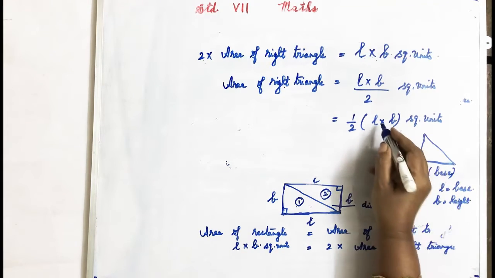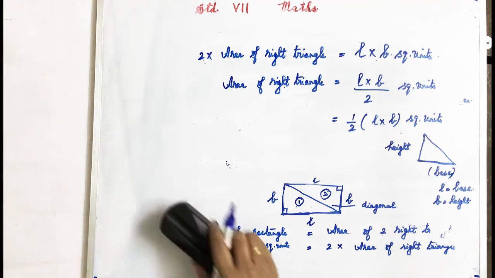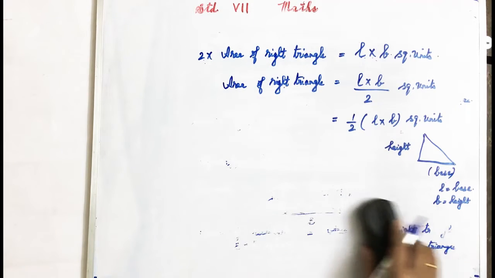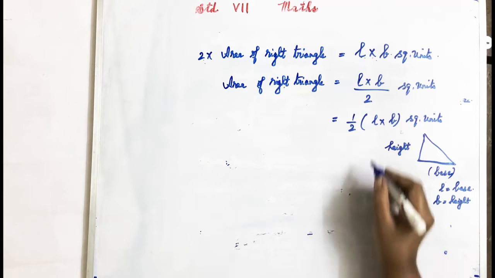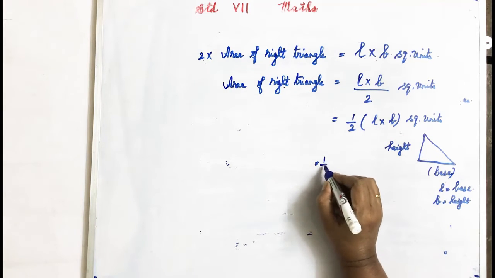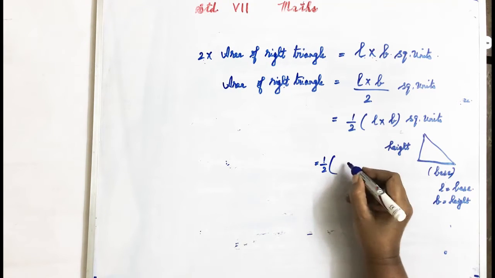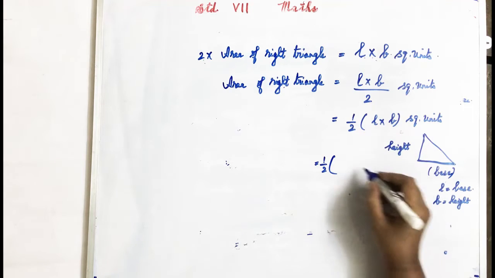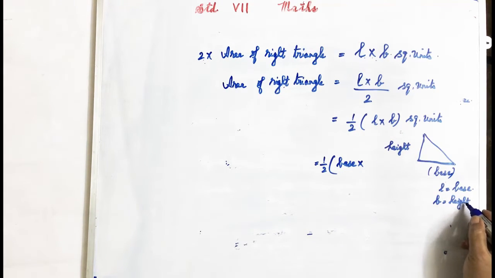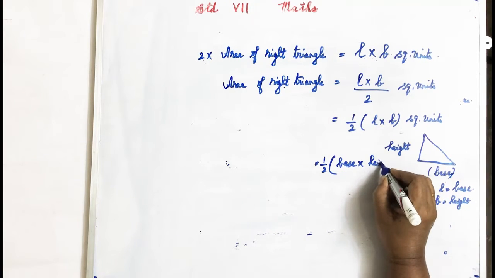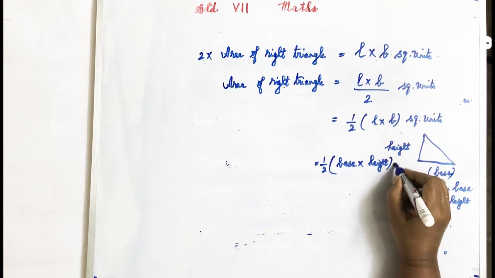Now we are going to replace this in the formula. So this can be written as 1 by 2 into, instead of length we should write base, and instead of breadth we write height. Then square units.